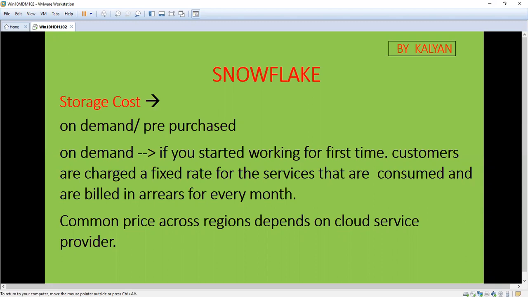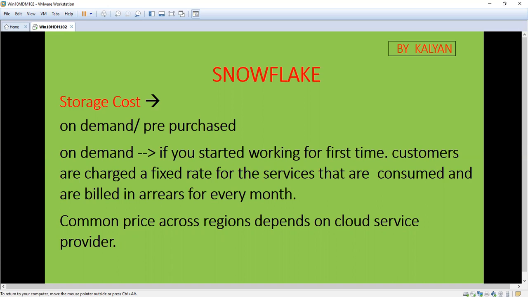On demand means if you started working for the first time, the customers are charged a fixed rate for the services for the consumption and are billed in arrears for every month. Okay, based on the consumption only, we will get the bill. Then common price across the regions depends on the cloud service provider. Normally, it will be a common price across the regions, meaning they will have the service in India at Mumbai, and they will have one more cloud server at Singapore and UK like that.